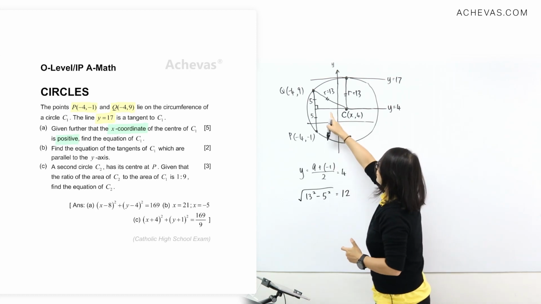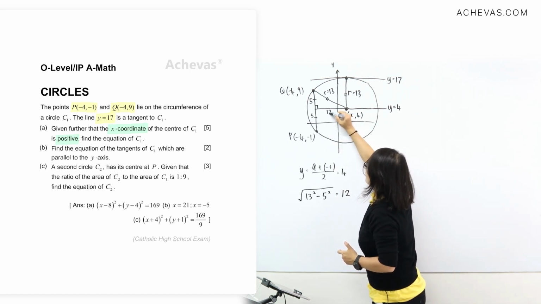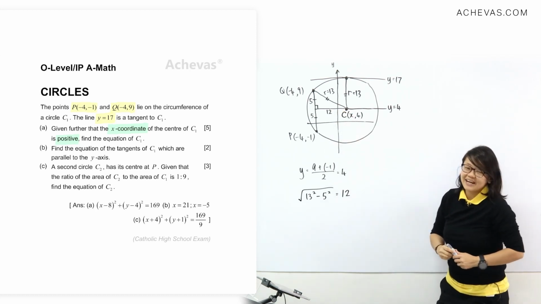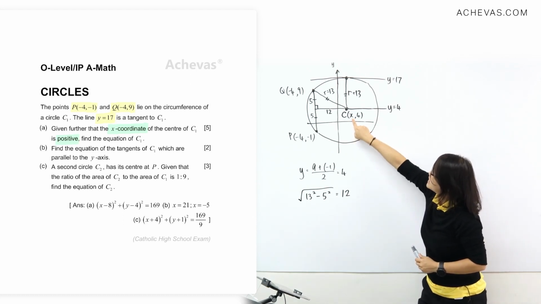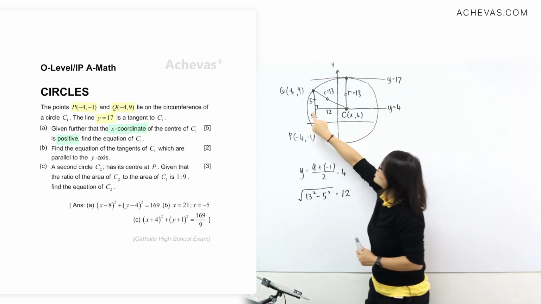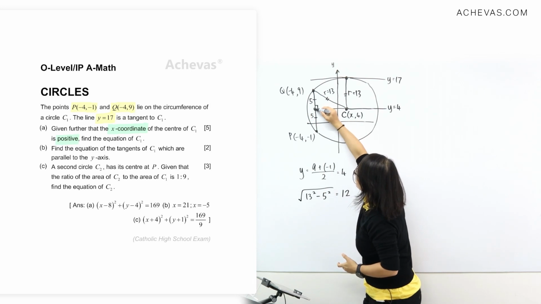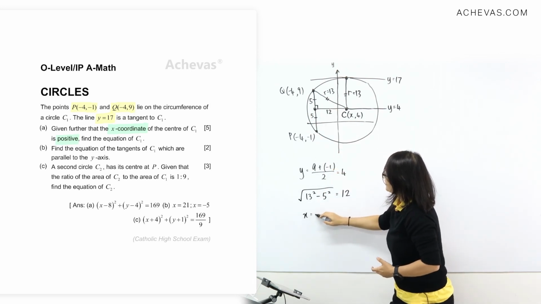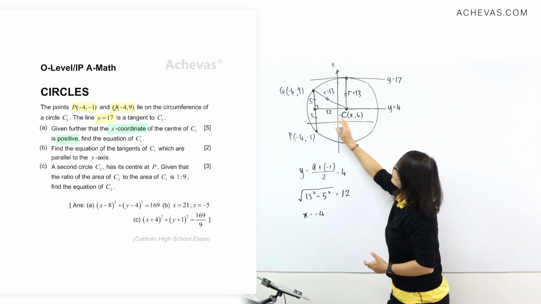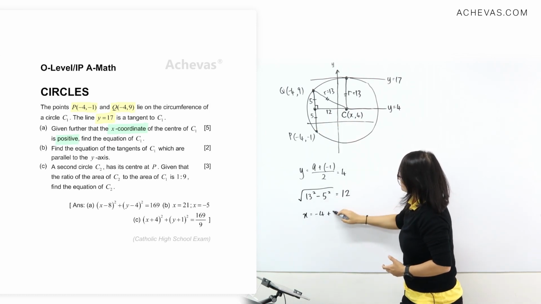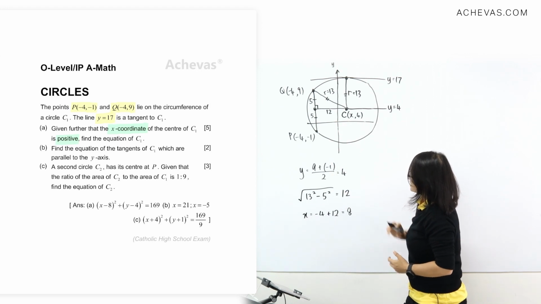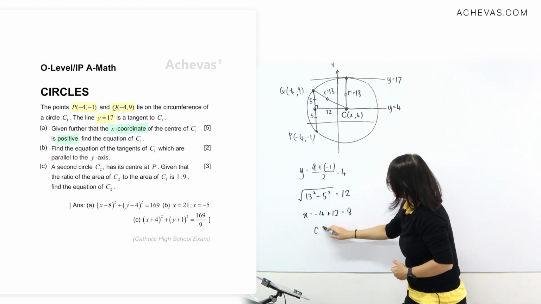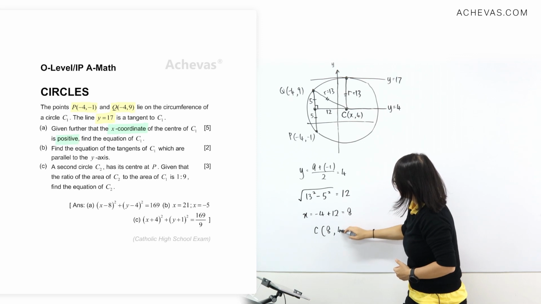So the base of the triangle is 12. Then I will find the value of x by using this dot here, which has x coordinate -4. So the x value will be -4, going to the right, adding 12, I'll get 8. So the center of the circle is (8, 4).